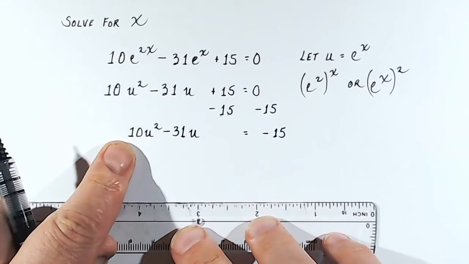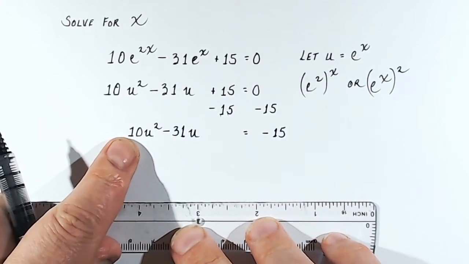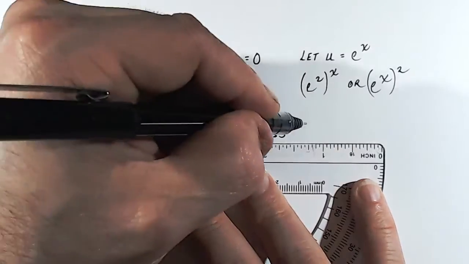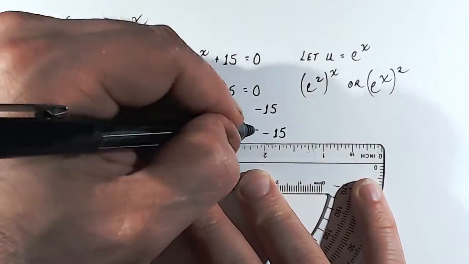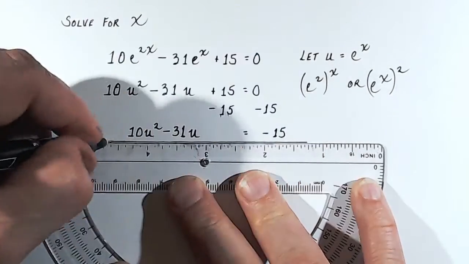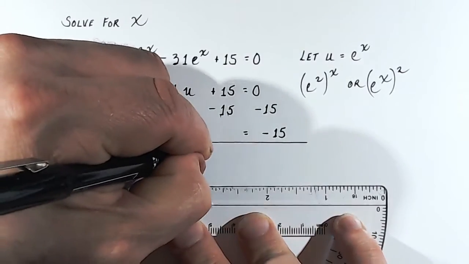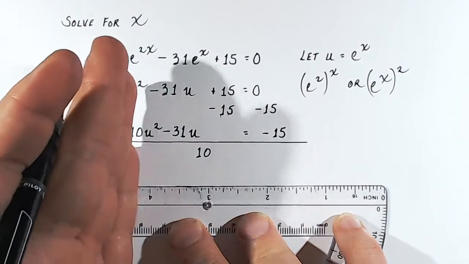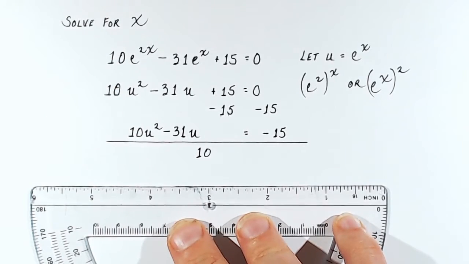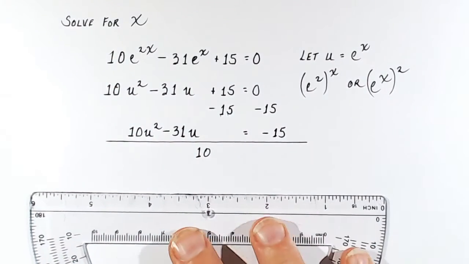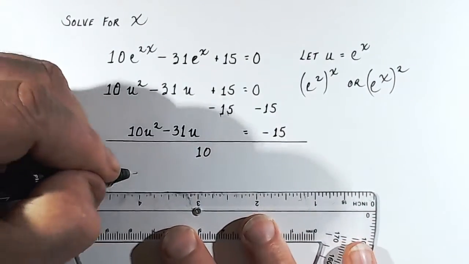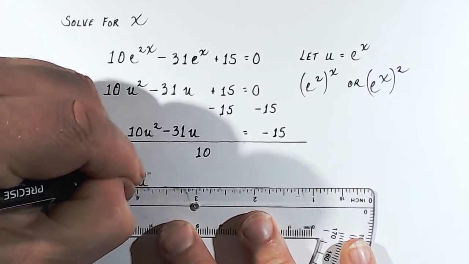We look at the first term and we see that it's got a coefficient different than 1. And so the next step is to just divide every term by 10, because we need to get the u squared with no leading coefficient. So every term is blanket divided by 10. 10u squared divided by 10 is just u squared, which is what I wanted.